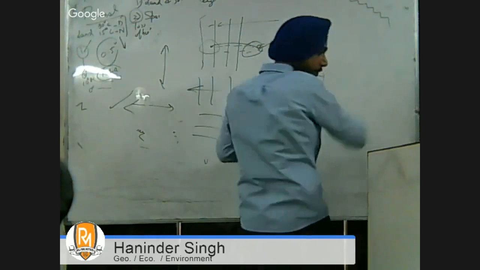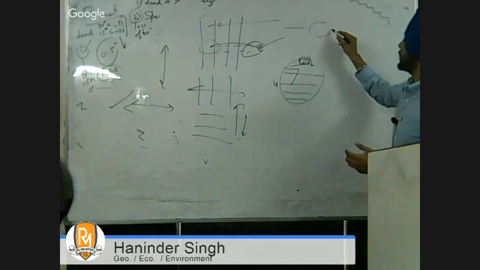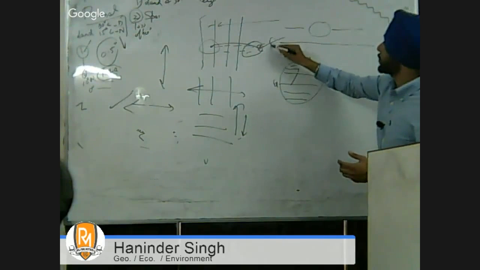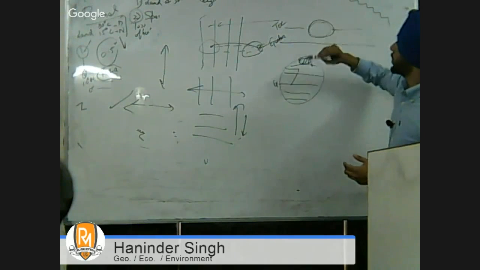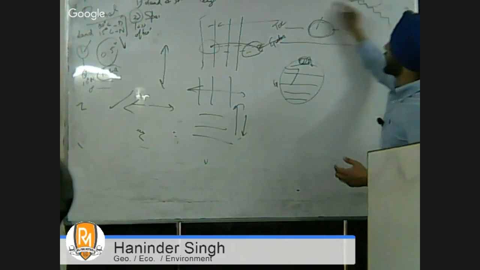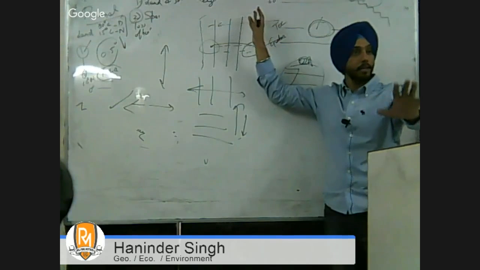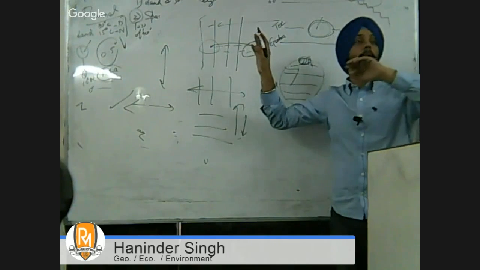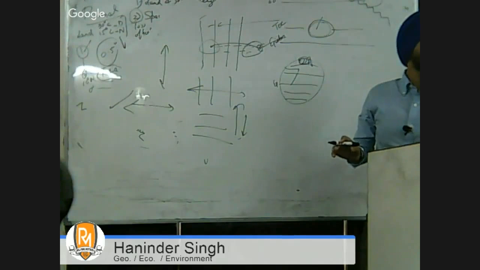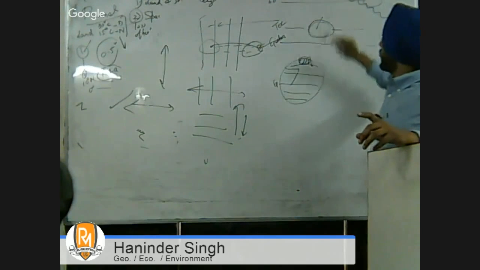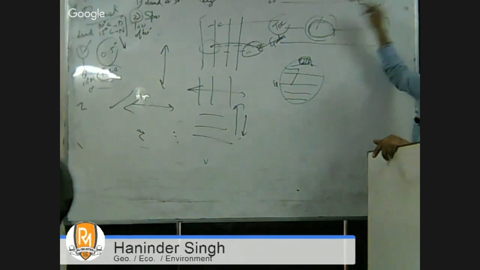Now another question. There is an enclosed water body near, say this is the equator and this is the Tropic of Cancer. There is an enclosed water body here, then there is an enclosed water body at, say, 60 degree north.